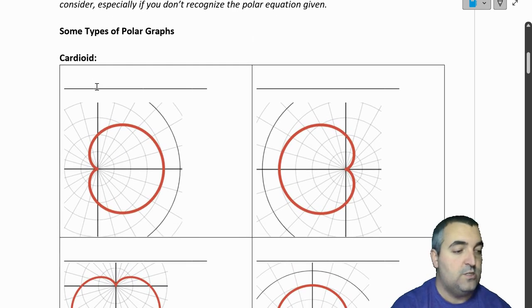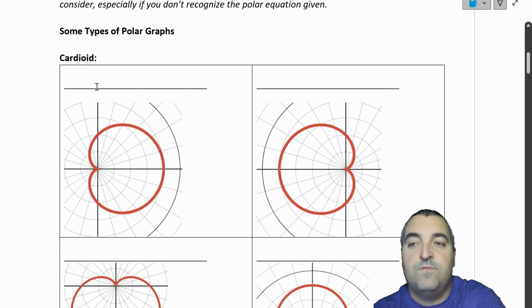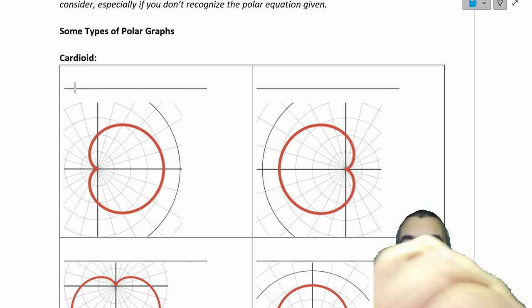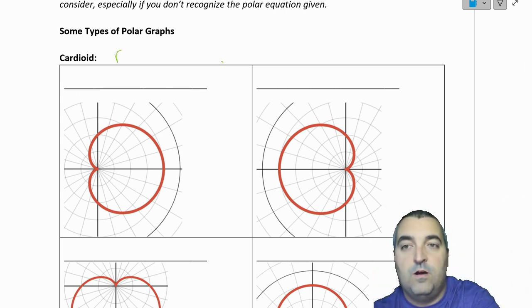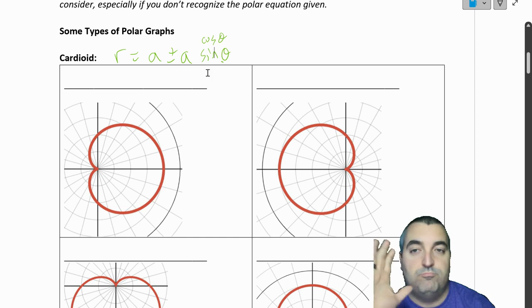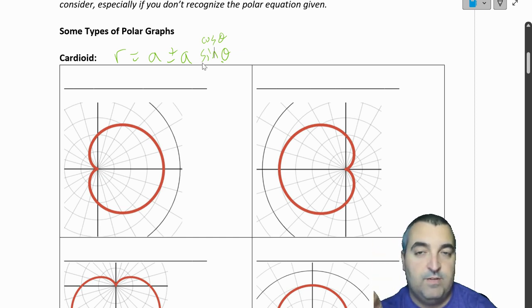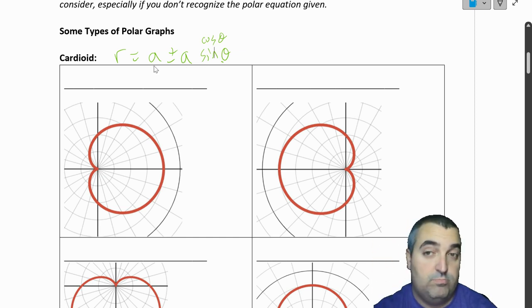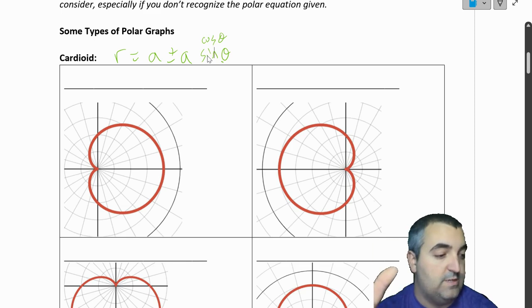With these, you're always going to see it in this format where it's either r equals a plus or minus a, and then it could be sine of the angle or cosine of the angle. Okay, and again, you don't necessarily have to remember this, but you can also do remember this. It'll make these problems super easy.